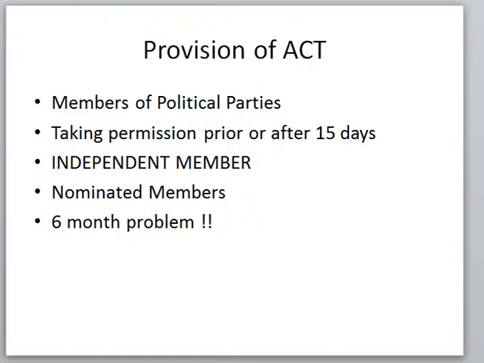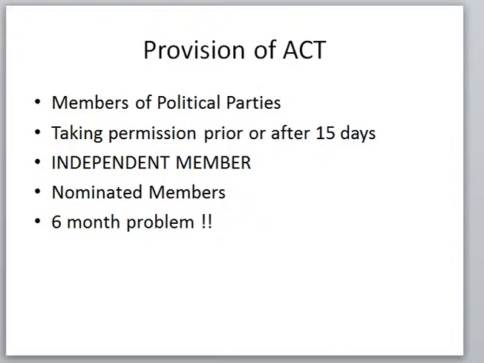If he is a member of the Rajya Sabha or the Lok Sabha, then he has to vacate his seat if he votes against the party's whip. So these are the powers. This Act talks about these things only, how to remove a particular candidate from his seat.